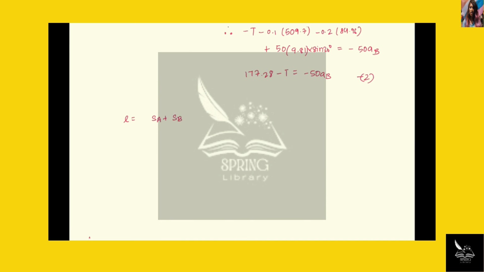So on differentiating this we get the change in length of SA plus the change in length of SB must be equal to 0. That gives us the change in length of SA is minus the change in length of SB. And on further differentiation we get the acceleration of A is minus the acceleration of B. Let's take this as equation 3.